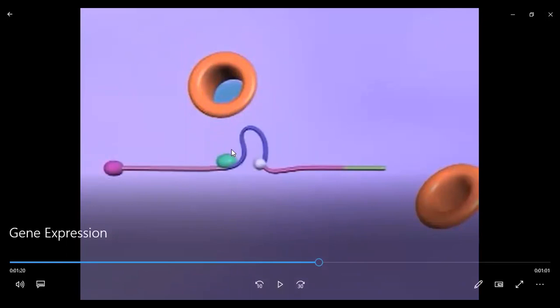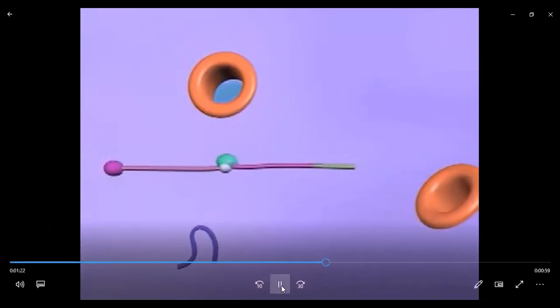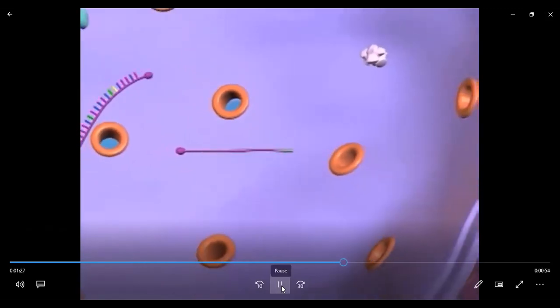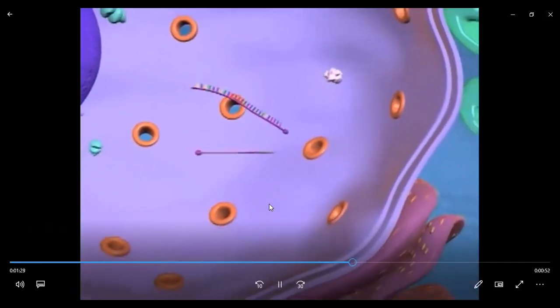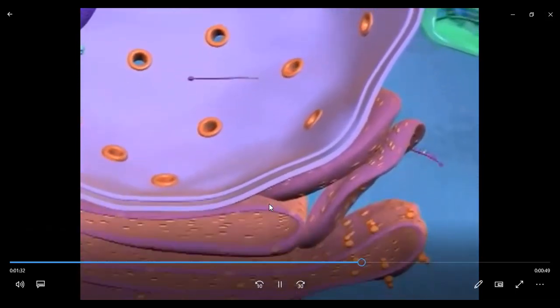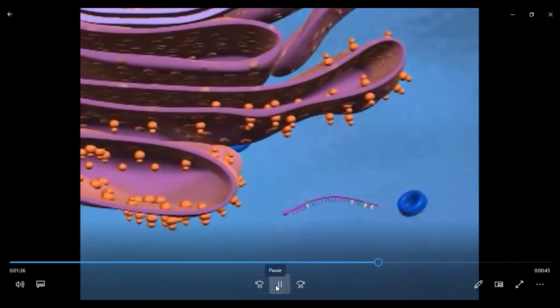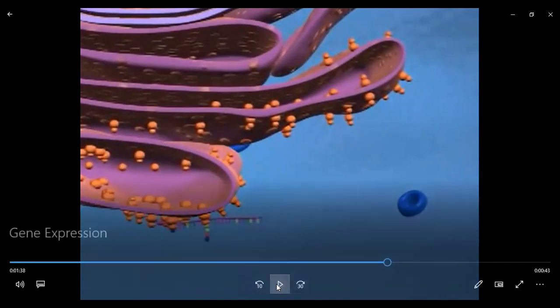And this RNA, although I didn't tell you previously, some components are removed. This is the RNA, and you can see this blue color section is removed. Now it's taken out of the nucleus, and then the translation happens, and these are the proteins created.